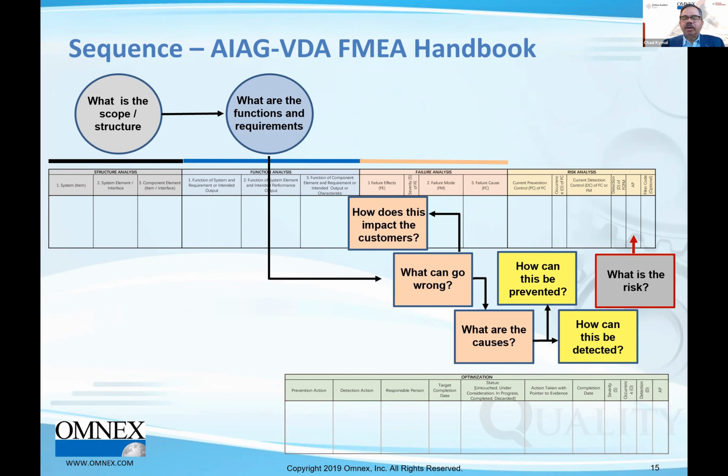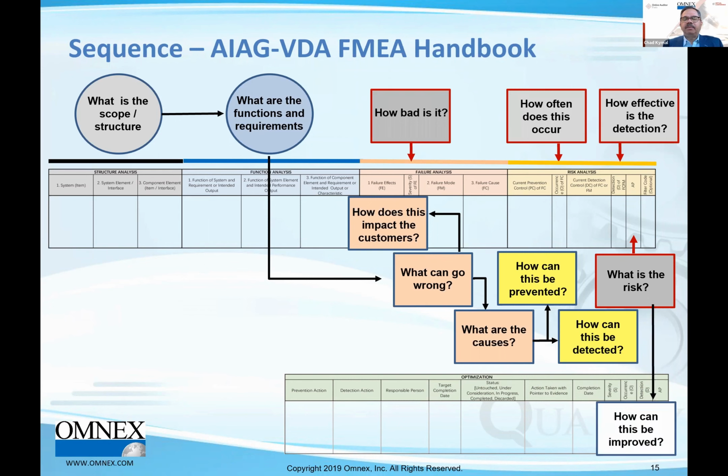So the risk is called an action priority, and then we enter the optimization phase, okay? And this is just about recommended actions, but you'll see they broke down the prevention improvement, the detection improvement, who's responsible, target date, status, that's new, and a pointer to the improvement, okay?